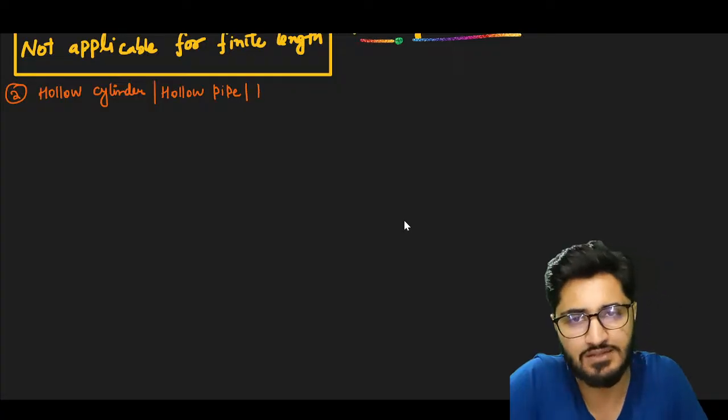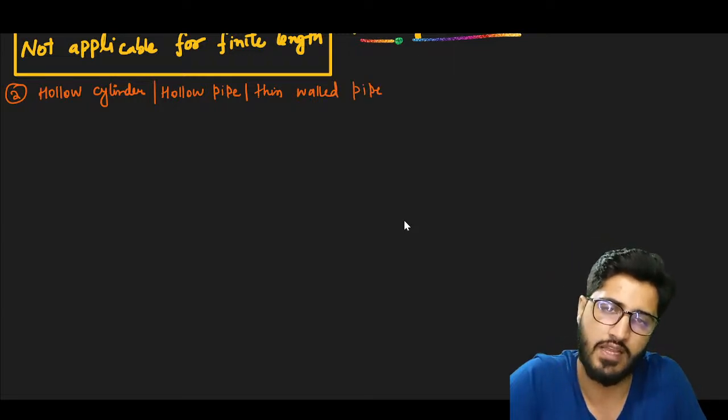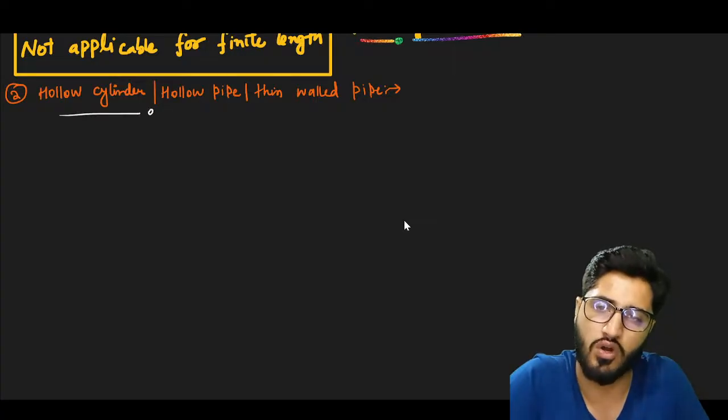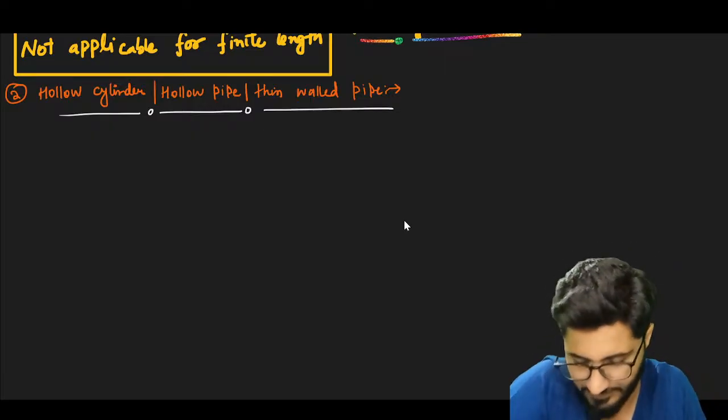One more name is thin walled pipe. If you find any one name in your paper, the meaning is the same. Hollow cylinder, hollow pipe, thin walled pipe. Names are same, meaning same.